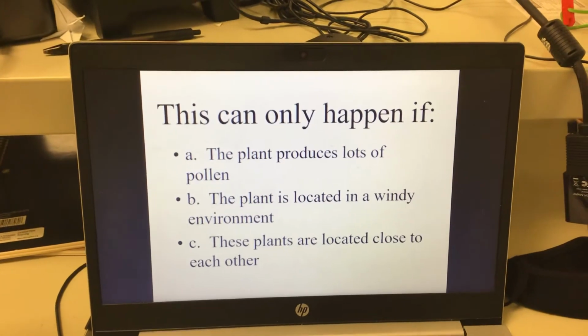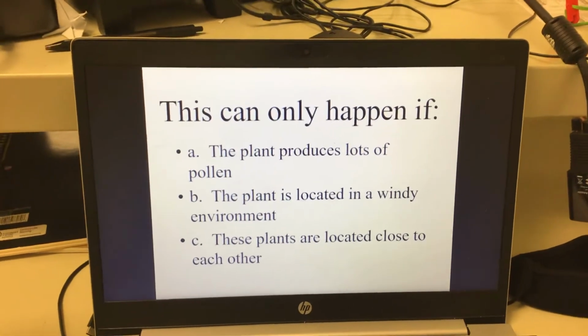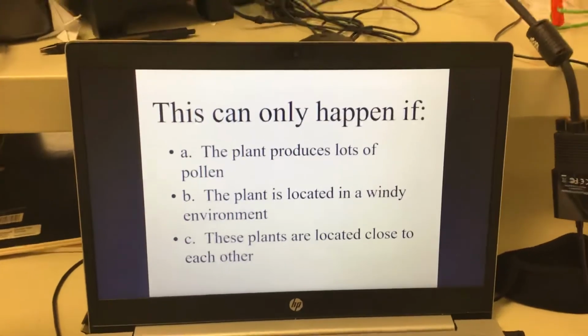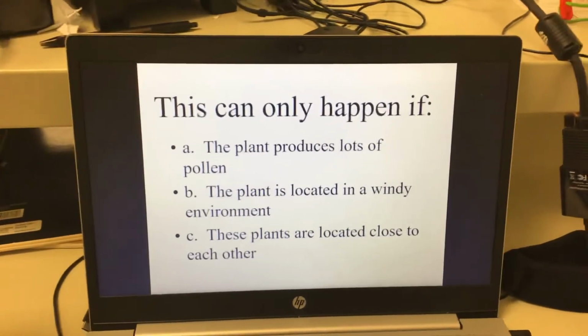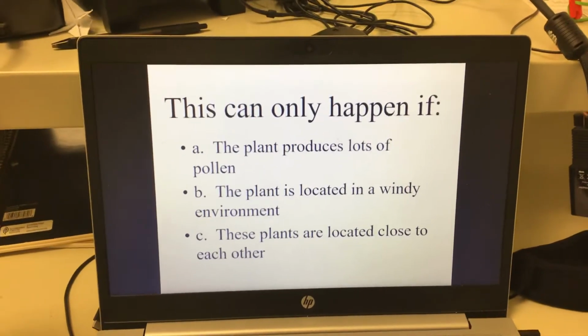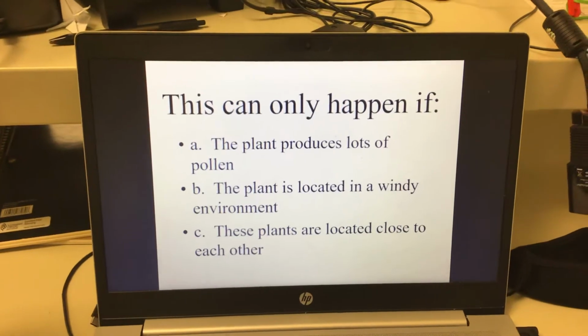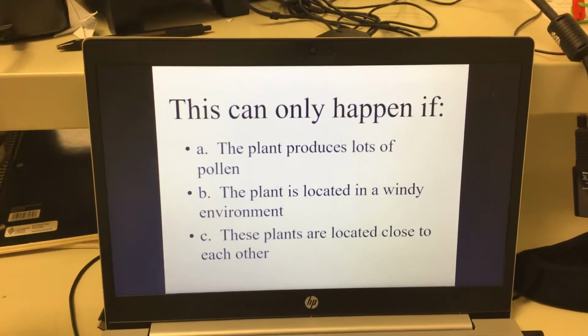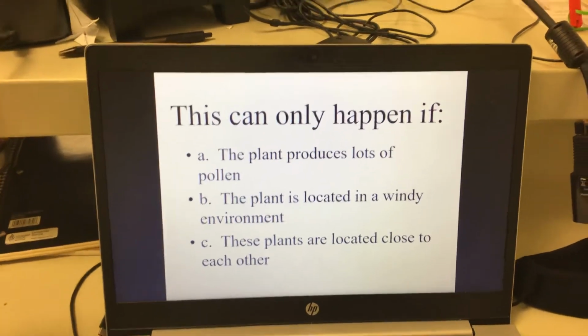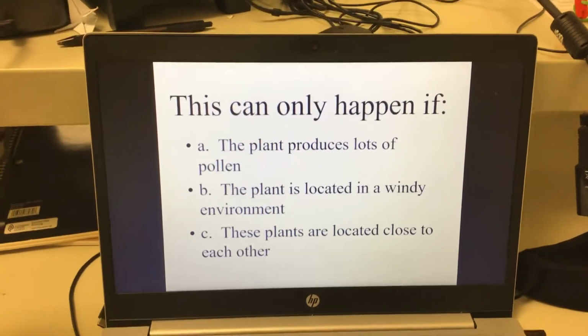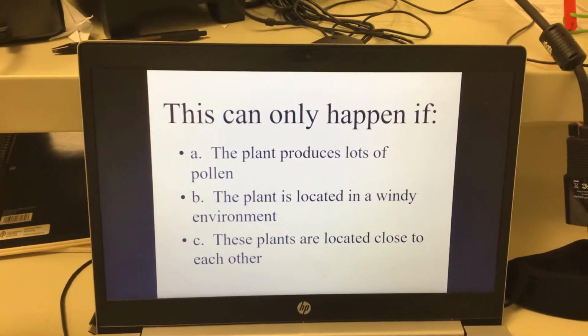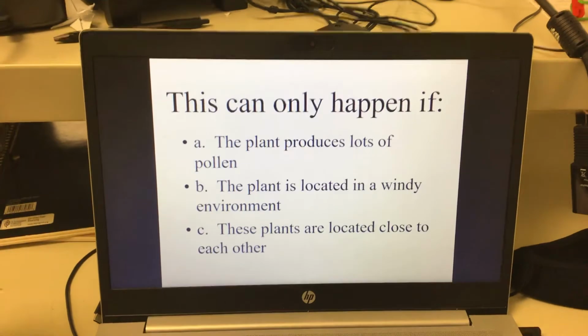So instead of an insect carrying pollen to a specific spot, plants are going to basically just give off tons and tons of pollen. The wind is going to blow it around, and some of it is going to accidentally land where it's supposed to. A lot of it will be wasted. It'll fall to the ground. It'll blow away, whatever.